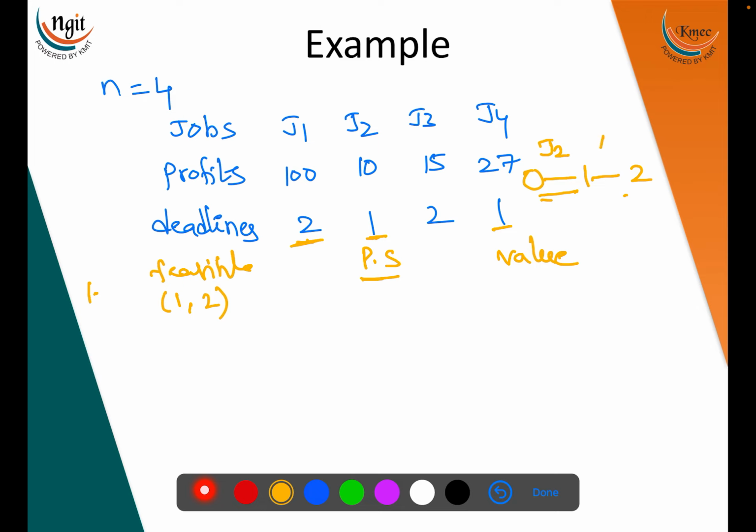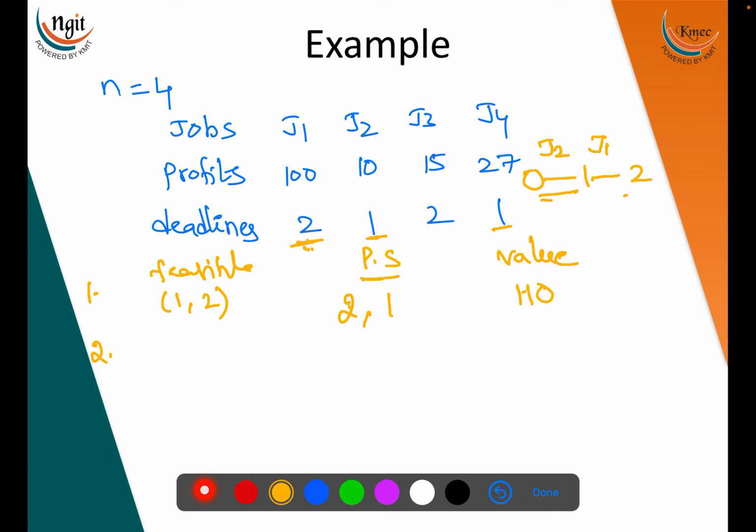After that I am taking J1 to complete because it can wait for 2 units of time. Now job processing is such that whichever gives the highest profit will be processed first, so that is 2, 1. The profit of this is 100 plus 10, which gives 110.